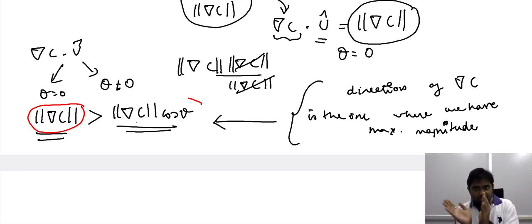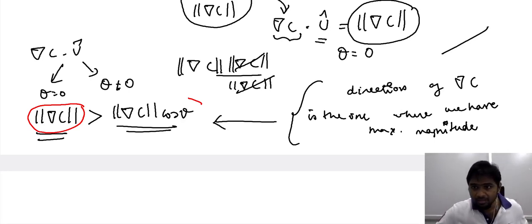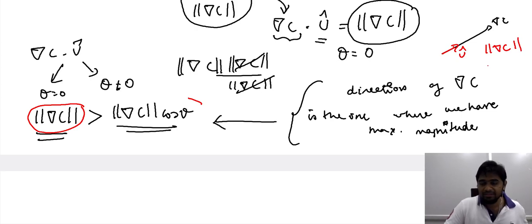So you have the gradient c vector and you have a unit vector. When these lie along the same direction, the magnitude is maximum. The magnitude would be the norm of gradient c.